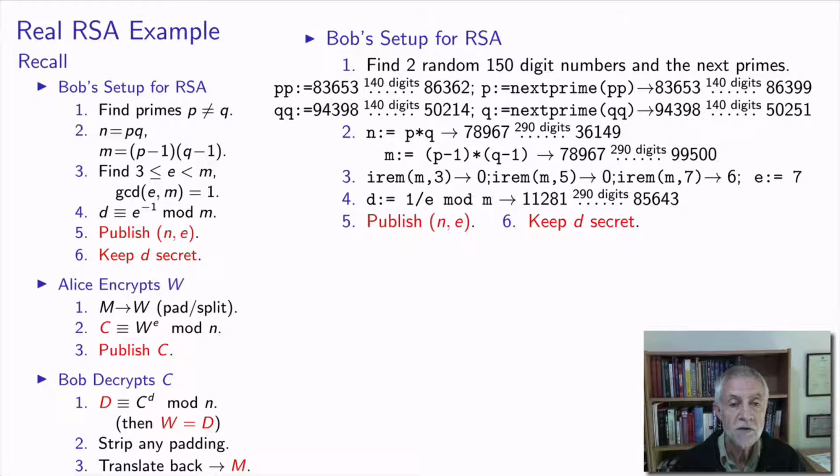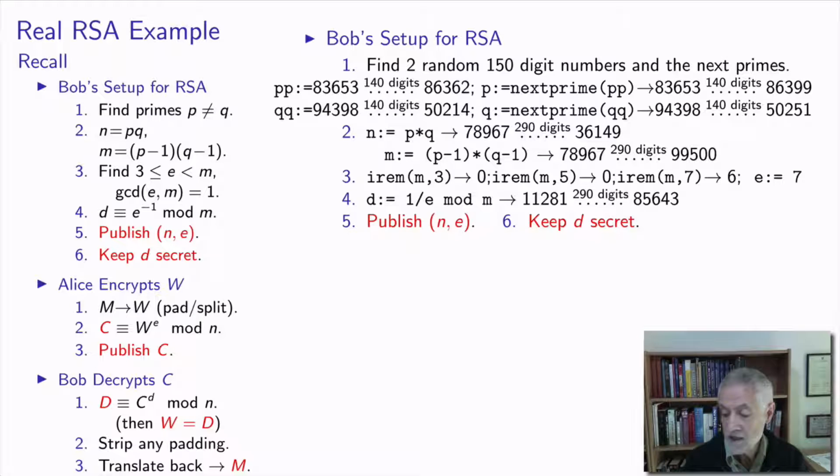We next compute the number D, which when multiplied by E gives us 1 modulo M. We ask Maple to do that, and this is the command to use. And the answer is this, 300 digits long again, ending in 85643.